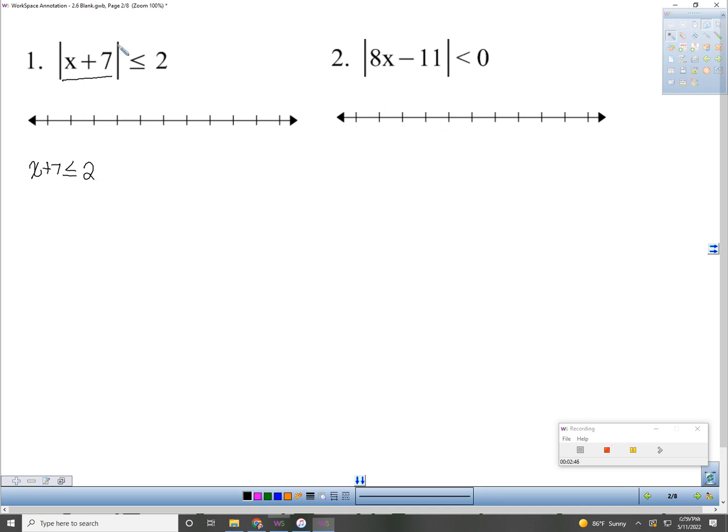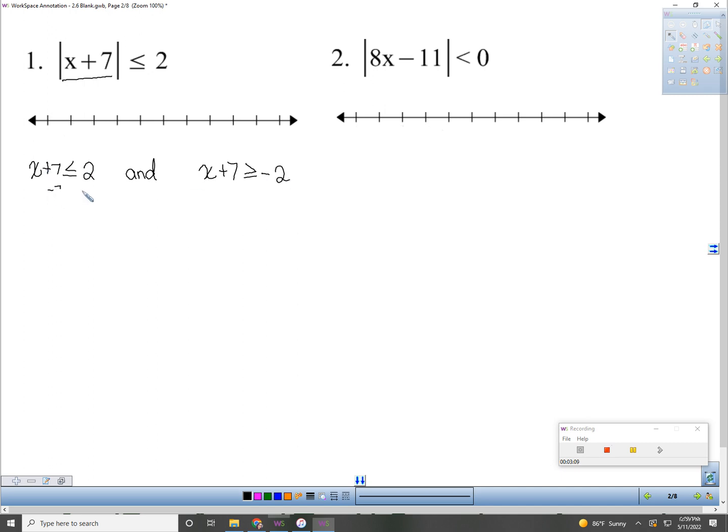So you literally are just dropping off these absolute value bars. That's an AND statement. The other one is what you have on the left side, exactly the same. You're going to flip your symbol around and change the sign of this number right here to -2.